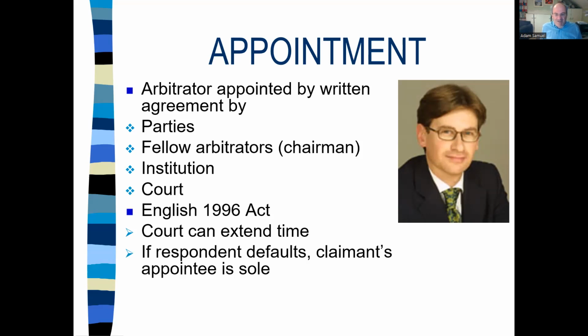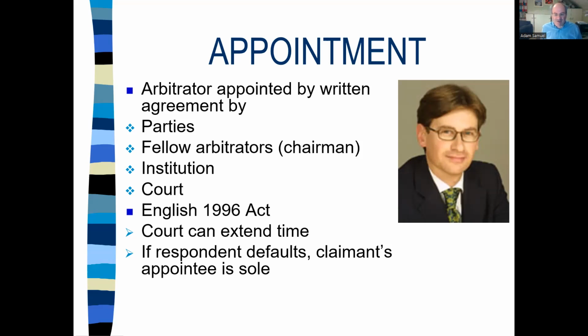Where a party appoints an arbitrator, invites the respondent to do the same, and the respondent doesn't react within the time limit provided, then the claimant can nominate their own appointee as the sole arbitrator, inviting the respondent to apply to court if they're not happy with that arrangement.